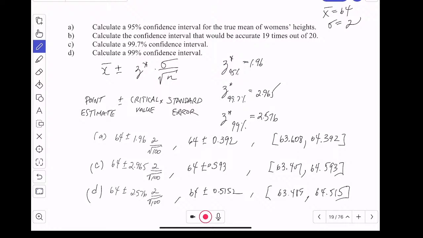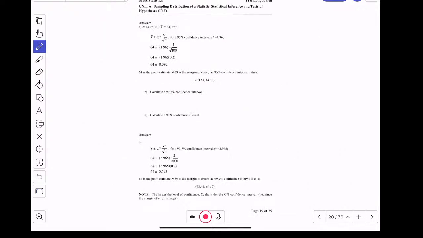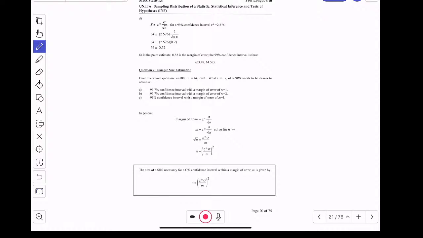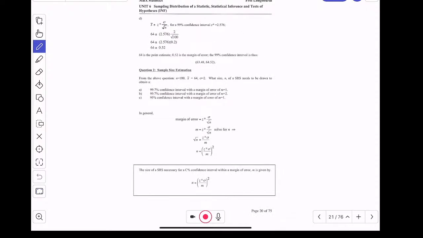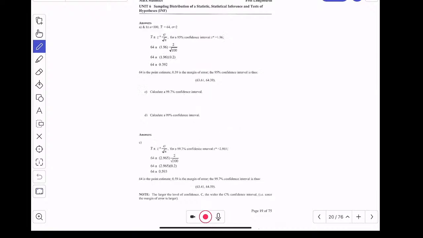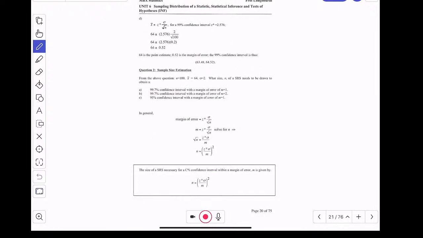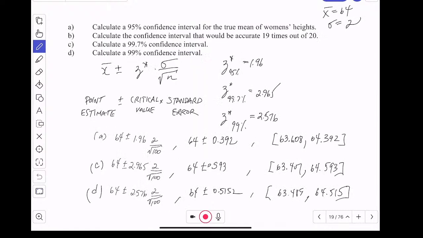Let me make sure. 515. Oh, I rounded to 2 decimal places. Anyway, something like that. So that's the 3 decimal places. All right, so that's how we do it.